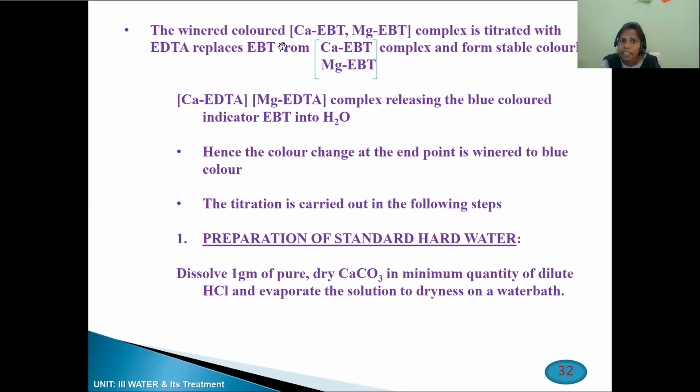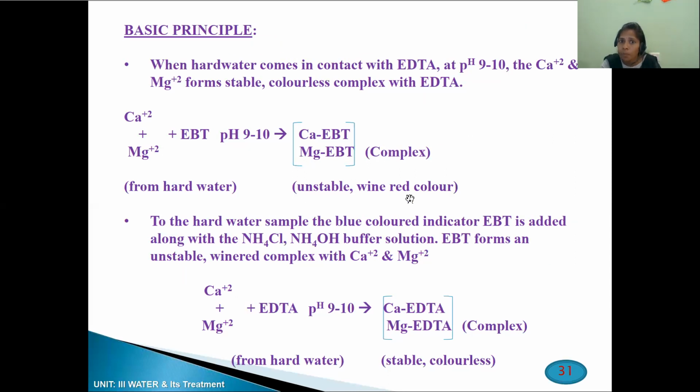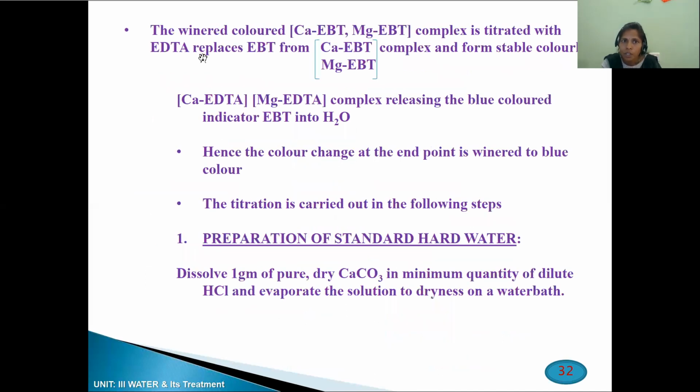The wine red colored complex is calcium EBT and magnesium EBT. This wine red complex is titrated with the EDTA, which replaces EBT from calcium EBT and magnesium EBT. When we release EDTA from the burette, EDTA replaces the EBT and forms a stable blue color complex, that is calcium EDTA and magnesium EDTA.